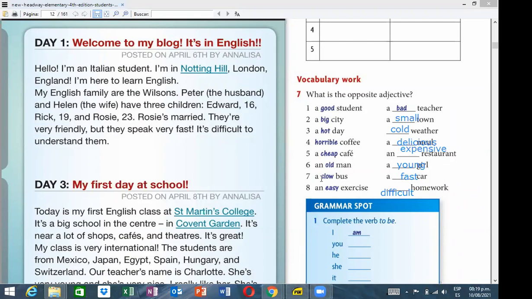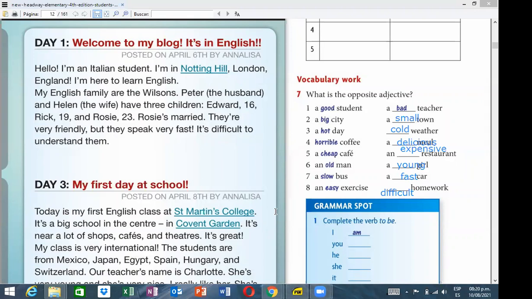An old man. A young girl. A slow bus. A fast car. An easy exercise. Difficult homework.